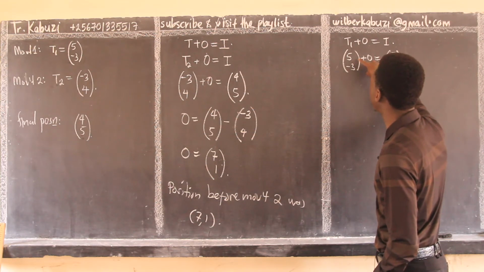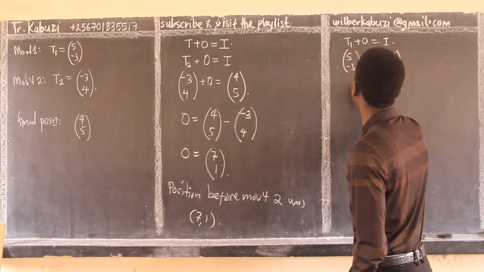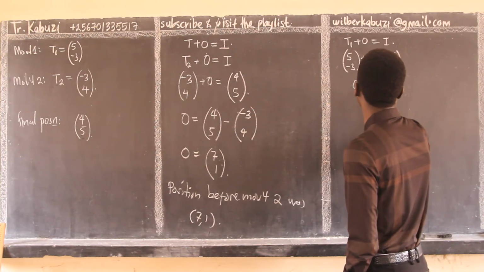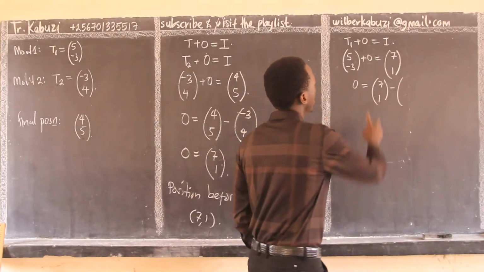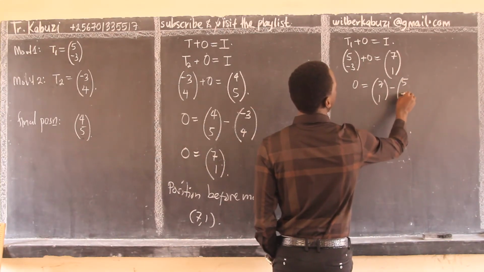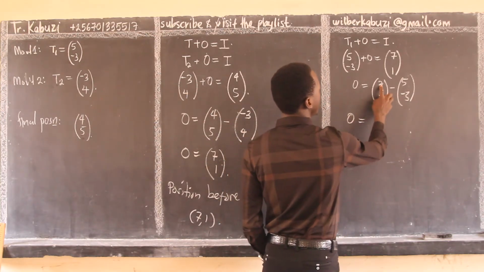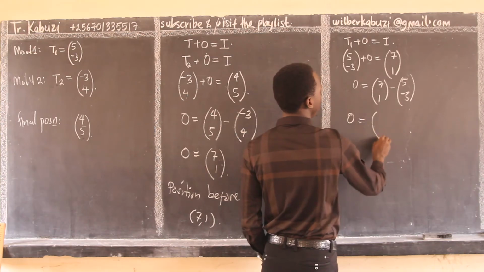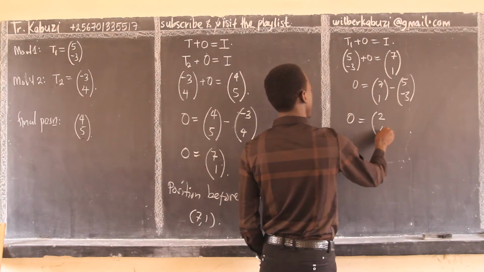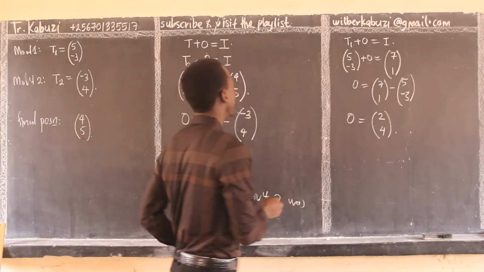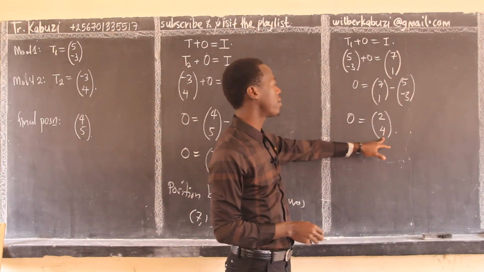So when I do this to this object, I'll get this. So my O now will be (7, 1) minus (5, -3). So my object will be 7 minus 5, which is 2, and 1 minus minus 3 to get a 4. So before the first movement, our object was this.